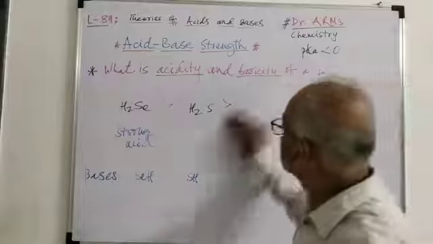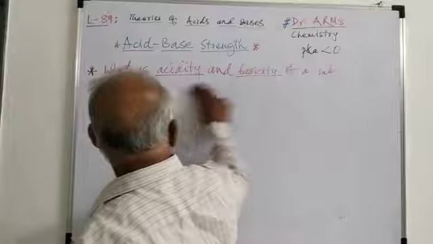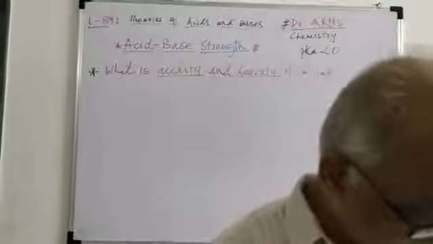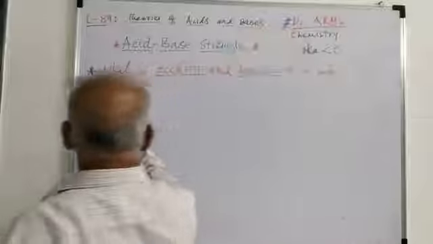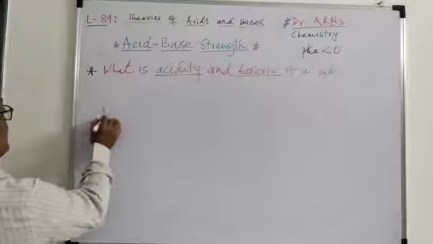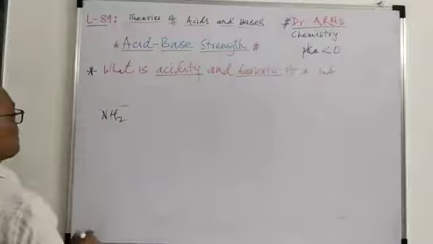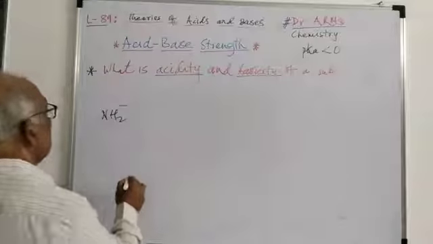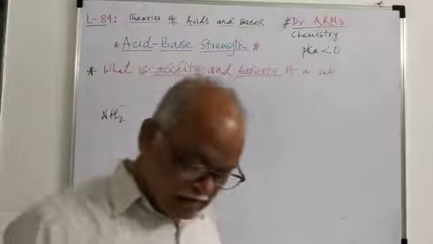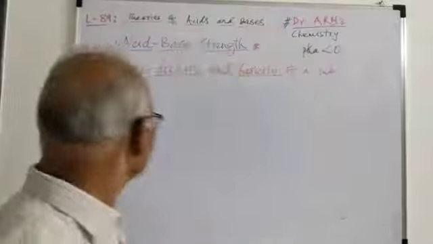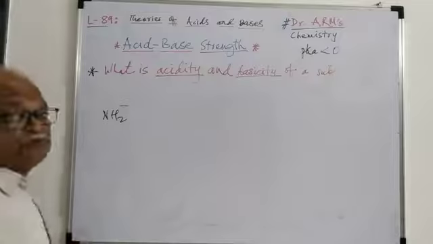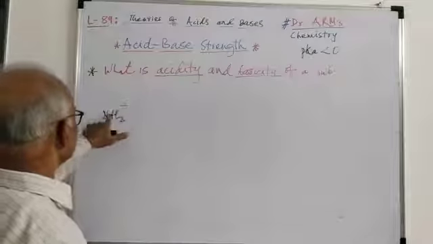Now if we see the distribution of charge on the species, take a species such as NH2 minus. In this species you will find that it has one negative charge and two lone pairs.